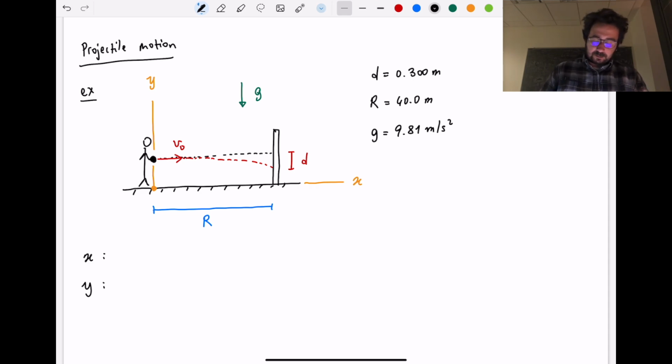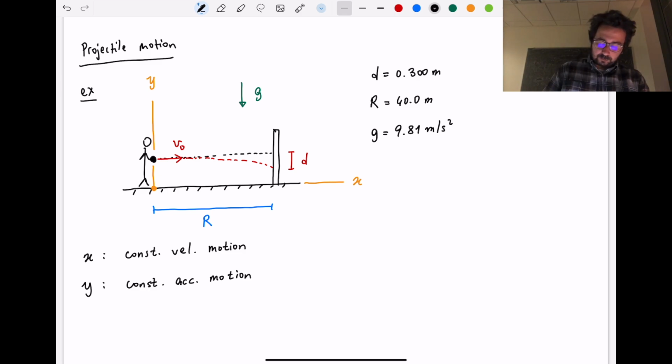Along the x-axis we don't have any force, so we have constant velocity motion, and along the vertical axis or the y-axis, due to the gravitational acceleration and since we are near the surface of the earth, we have constant acceleration motion.